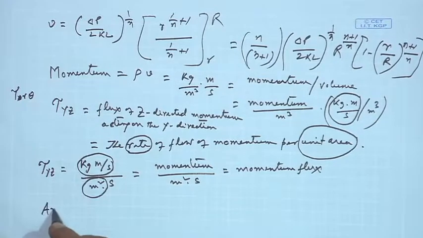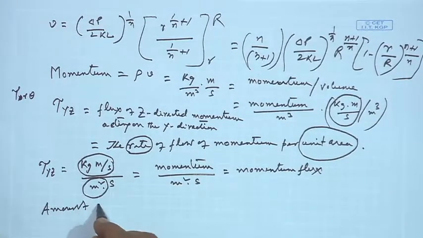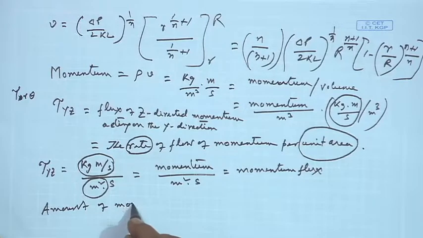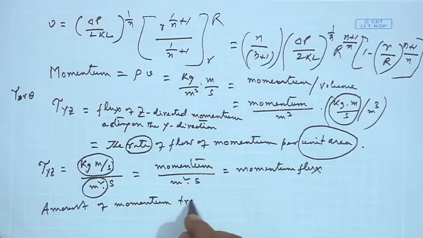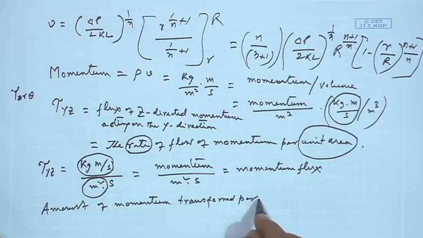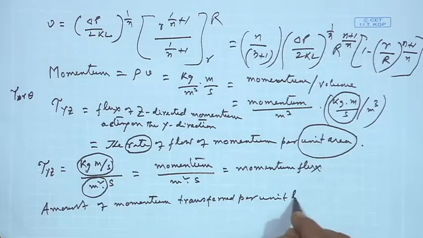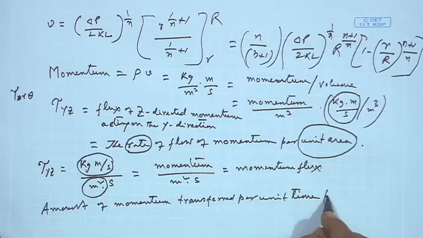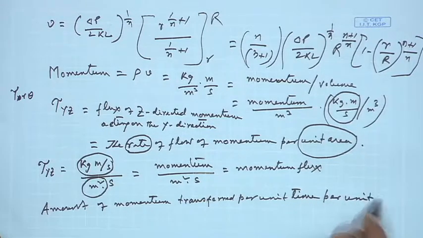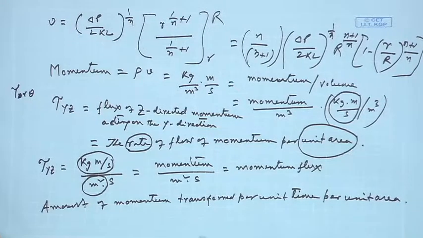So, this gives us the amount of momentum transferred per unit time per unit area, right. So, this we have done as a recapitulation.